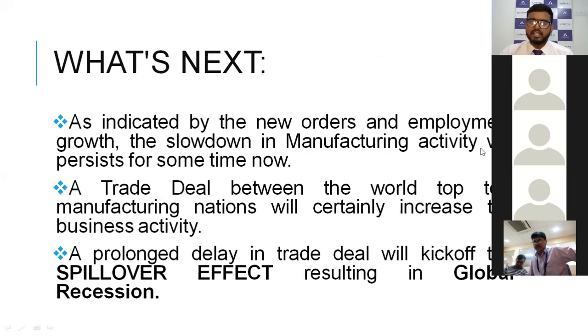Because when you get new orders, you employ new people, and when you employ new people and you're getting new orders, you start to produce more. So we have already seen that we are not getting any new orders, and industries are not employing new people into manufacturing. So this signifies that this effect will persist for some more days.